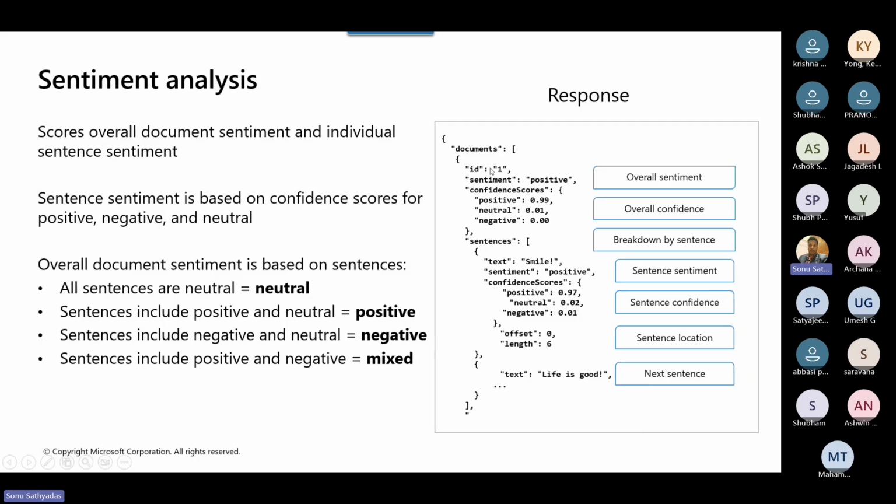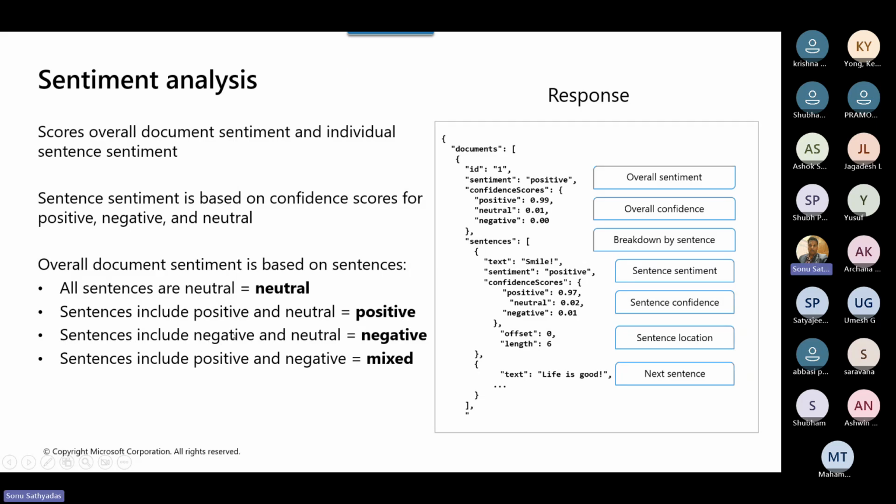If in a document multiple sentences are there, and all the sentences are neutral, then it returns the overall sentiment as neutral. Sentences including positive and neutral, then it comes as positive.